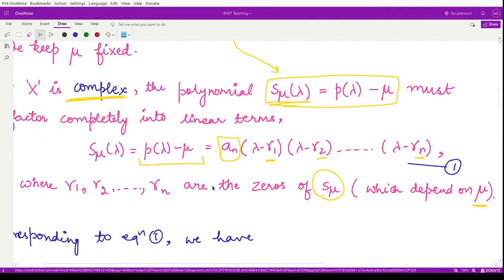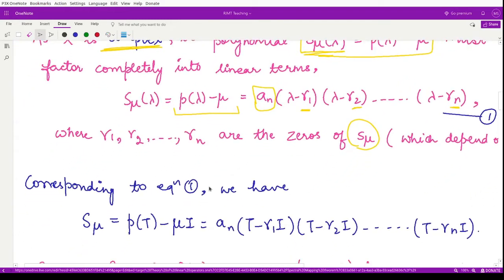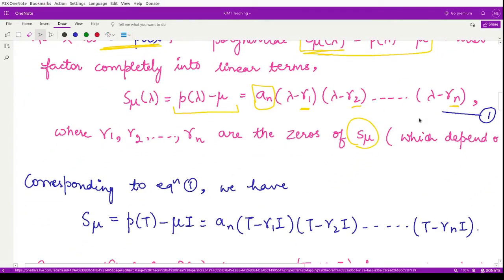Okay. So now we say that corresponding to this equation 1 here, we can write the operator equation as well. So this was S mu lambda. Corresponding to this, S of mu would be P of t minus mu into I, where I is the identity operator.